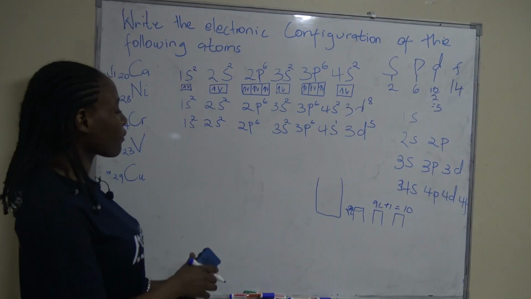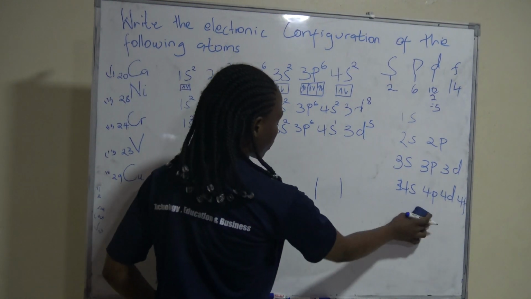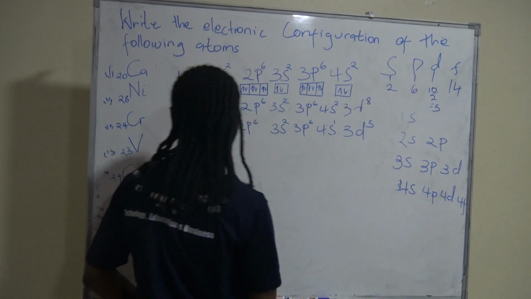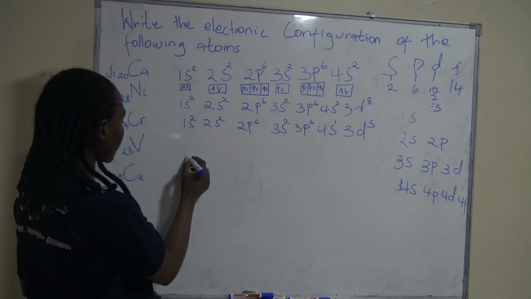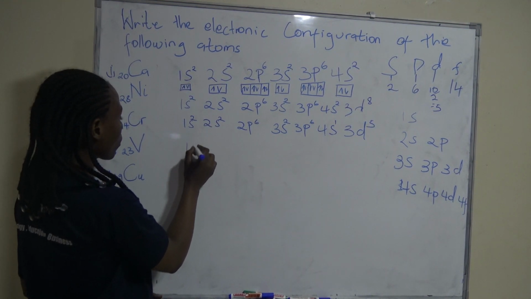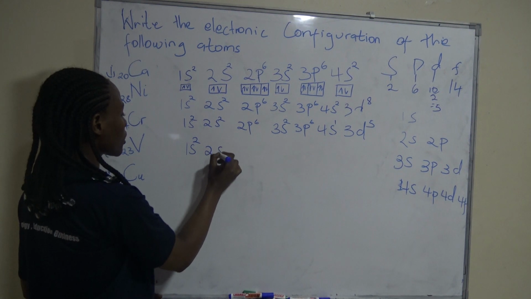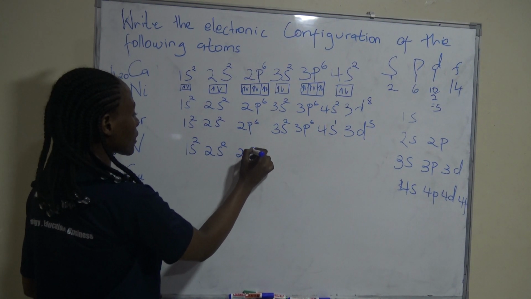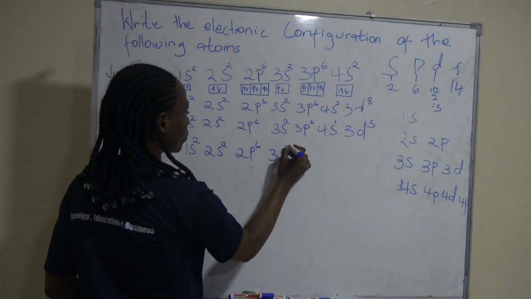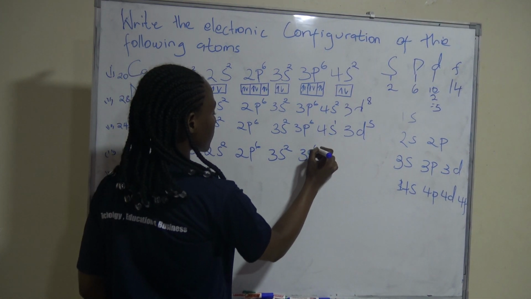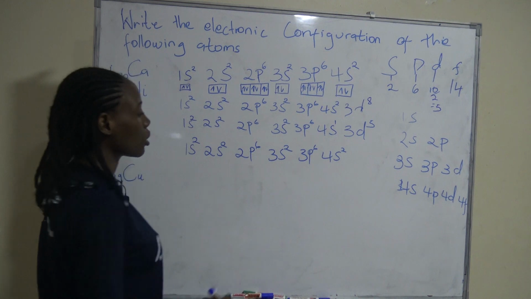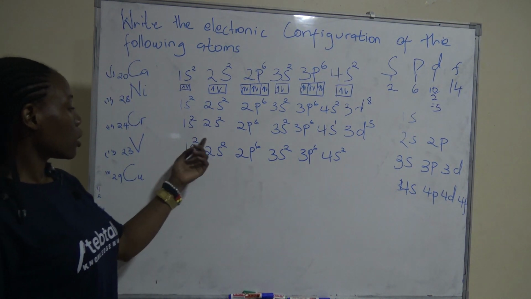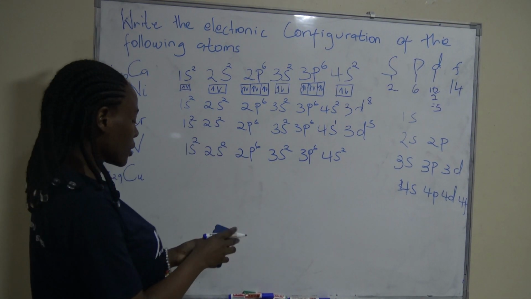Then the other one, we have vanadium with an electron configuration of 23. That means we shall also first have the one of calcium: 1s2, 2s2, 2p6, 3s2, 3p6, 4s2.